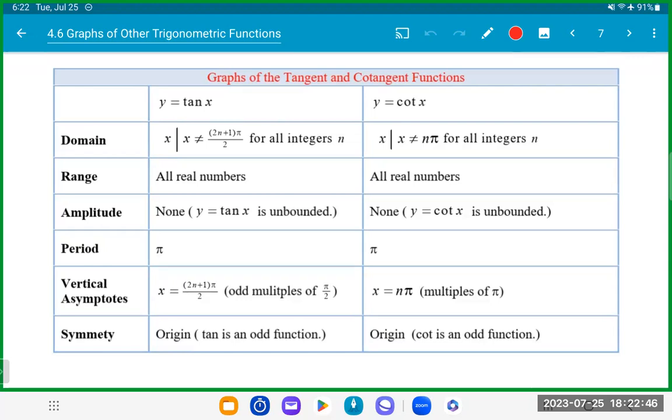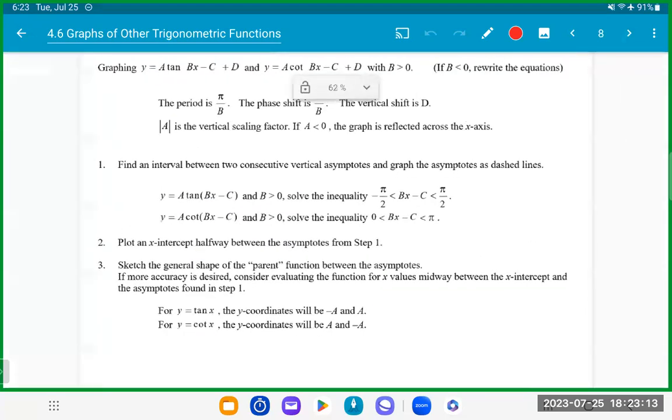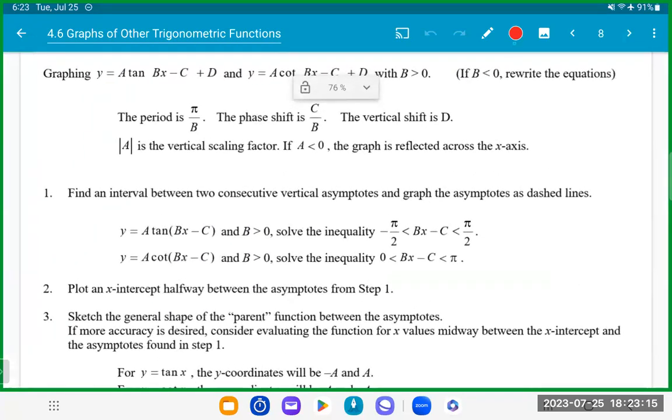Therefore, it's not bounded, and so there's no amplitude. The period is pi. The vertical asymptotes for the tangent are at odd multiples of pi over 2, and for cotangent, they'll be multiples of pi. And then both are odd functions and they have symmetry at the origin. Okay. Questions?